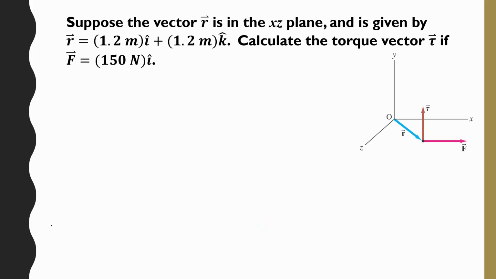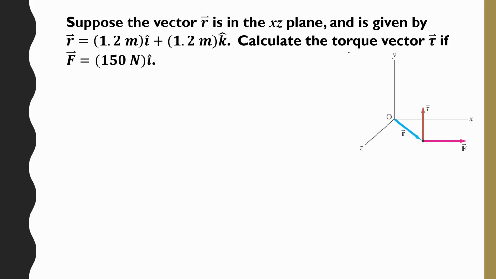Here's a little example of actually using that big ugly formula. If we have r defined in the xz plane, just to make it confusing, so r is going out this way, and then we have f, which acts only in the x direction. If you do your right hand rule, you'll do r cross f, and your thumb will be pointing up. So the torque vector would be pointing in the positive y direction here.